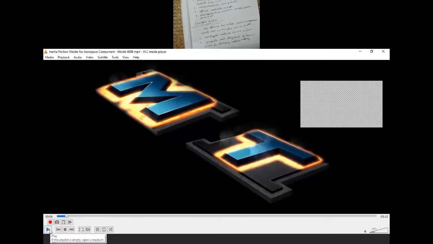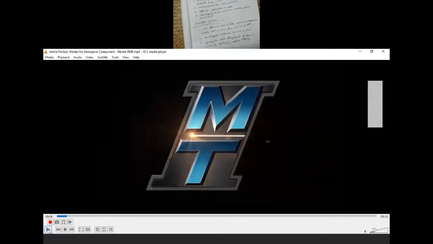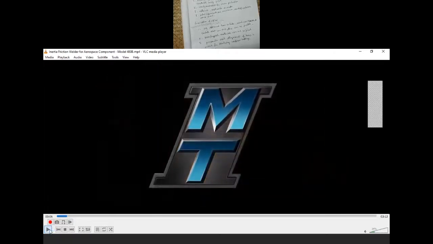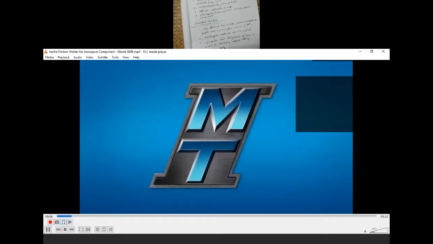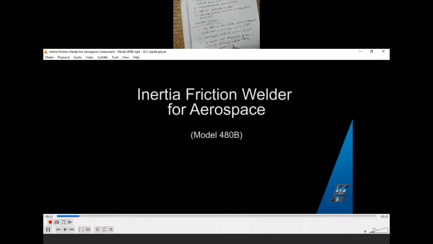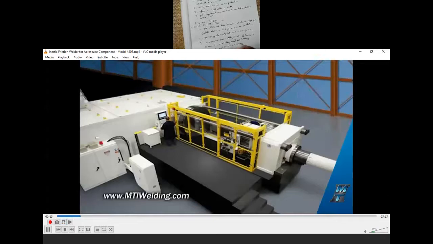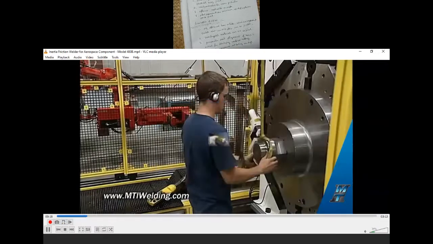Number four, capital equipment and tooling costs are high.